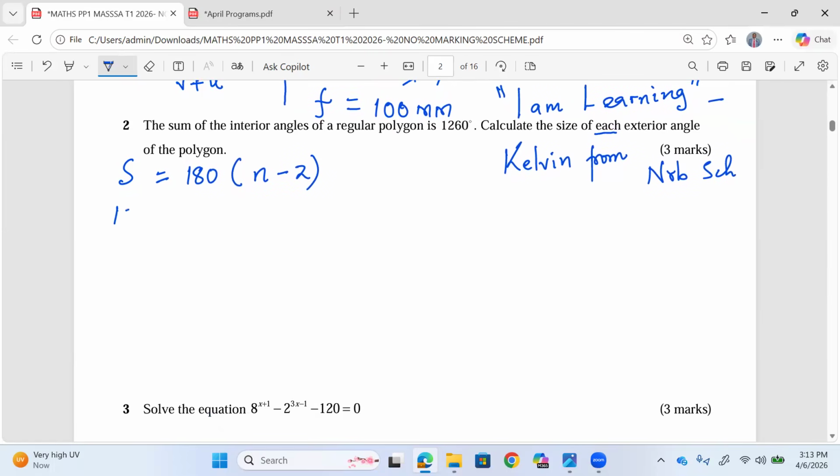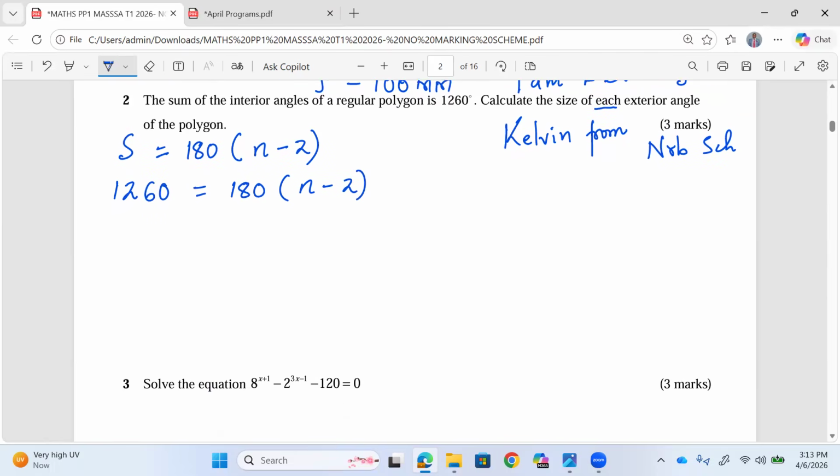So we are already given the sum as 1260. This should be equal to 180 into the unknown number of sides minus 2. Okay, to make it simple, instead of dividing through by 180, allow me to operate at the level of average learners who will tend to open brackets here.